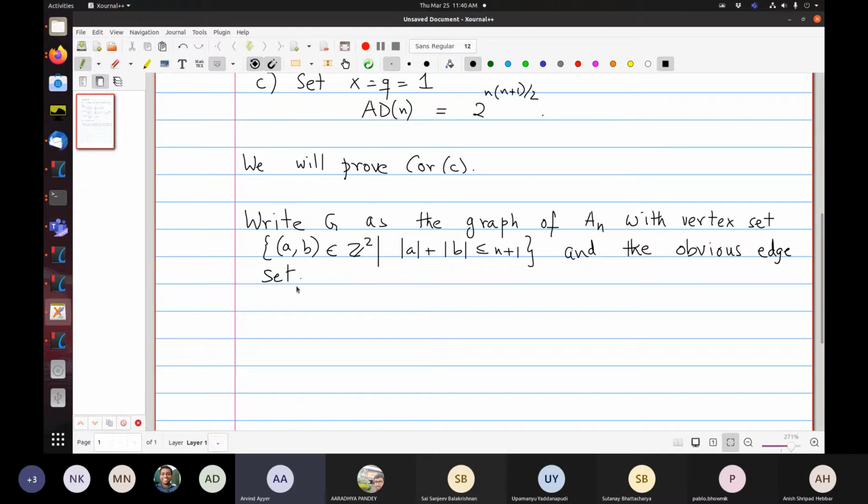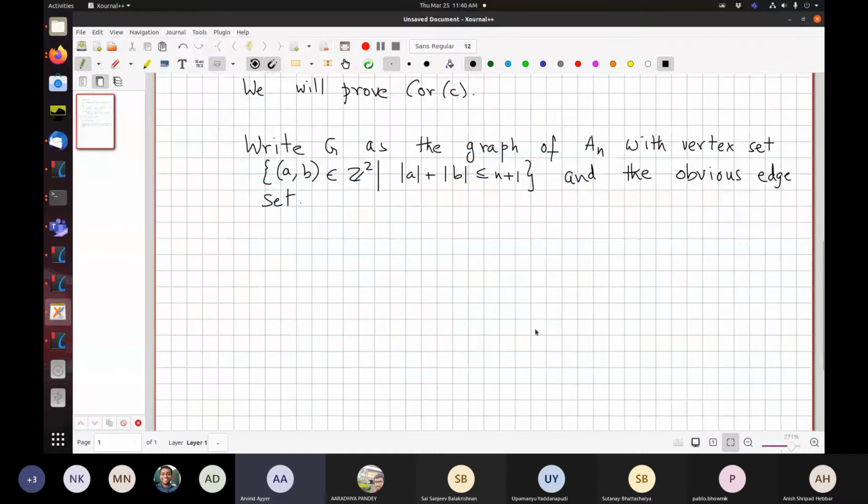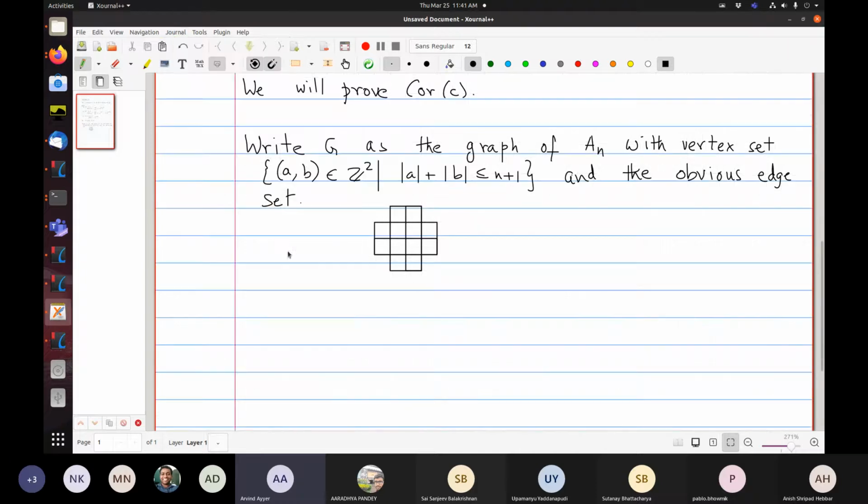So in other words, if I go to the graph, use my rectangle. So this is example A2.